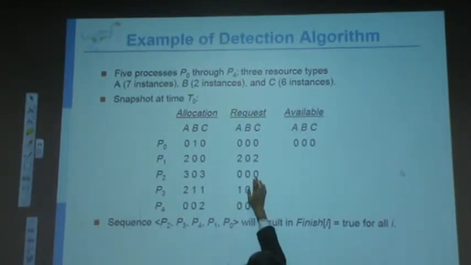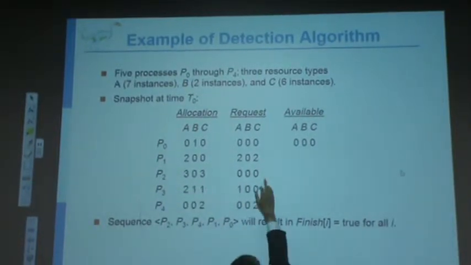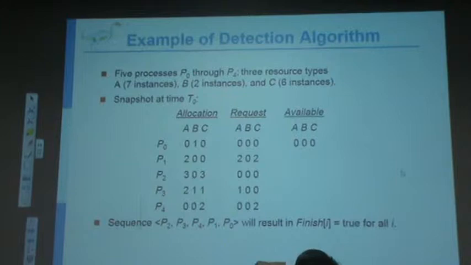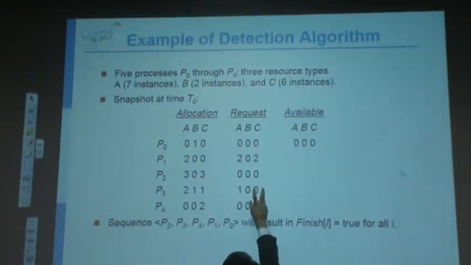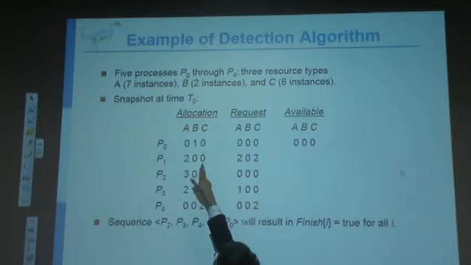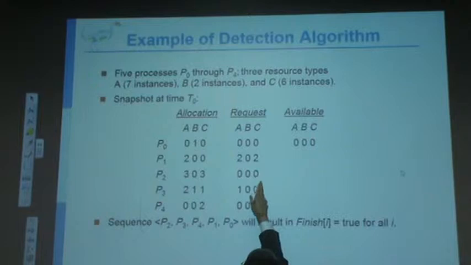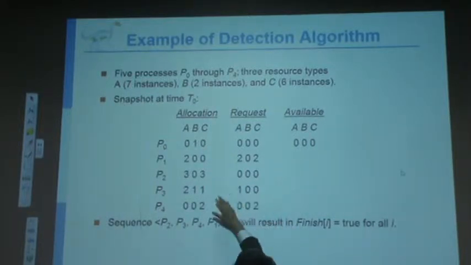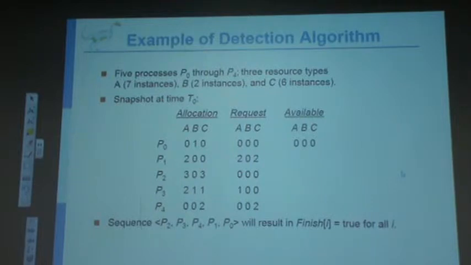Then after P0 or P2 is completed, 303 will be returned to available. Then next, the P0 can be completed, so after P0 is completed, 313. Using 313, this one can be completed, and then this one, and you can find the sequence, which means currently there is no deadlock, so no problem.